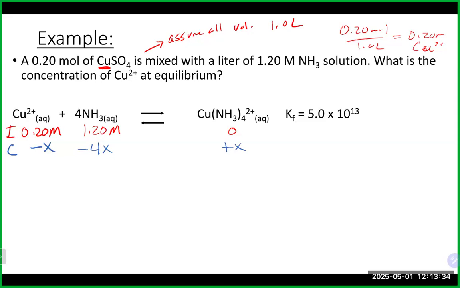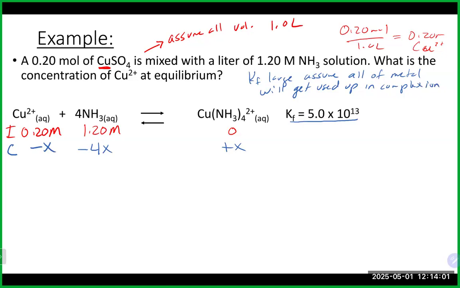But this is where one of the assumptions that we make in these types of problems comes into play, and that has to do with our Kf value. Because the Kf is large, we can assume that in this particular case, all of the metal will get used up in the complex ion.